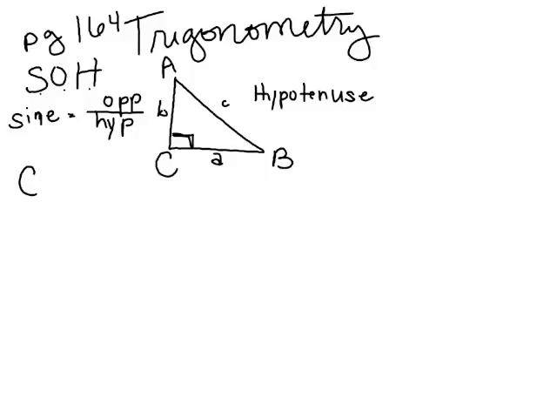Our next abbreviation is Cah. So the C stands for cosine. Cosine is equal to adjacent over hypotenuse. And again, we'll go into this later. Toa.